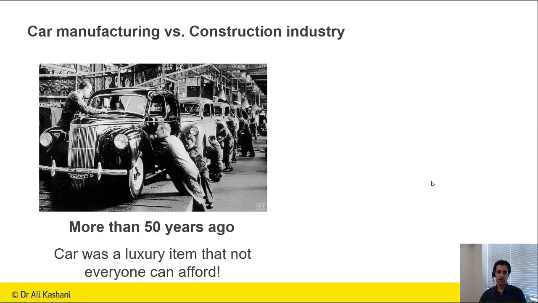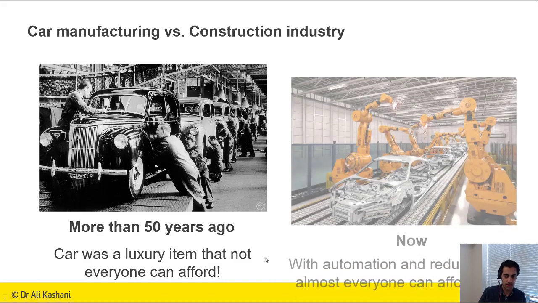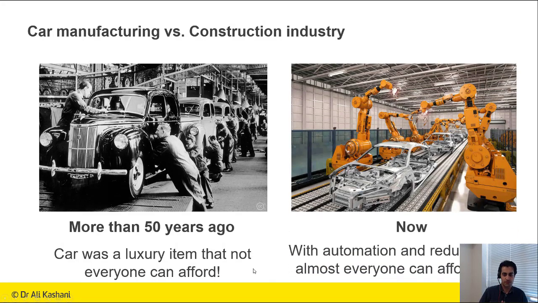If you look at the car manufacturing industry more than 50 years ago, a car was a luxury item that not everyone could afford. But since then, things have changed, and you can see the use of many robots, not doing all the processes that happen during car making, but most of it.